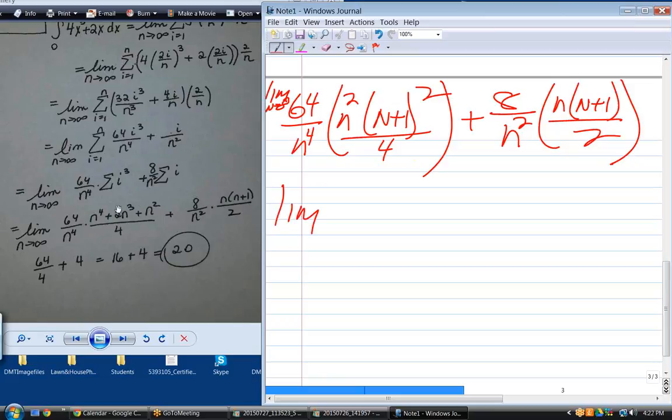It is the limit of, if I distribute all of these, notice that the only term that does not end up with an n in the denominator is the first one. I get 64 n to the fourth over n to the fourth. Well, that's 64.